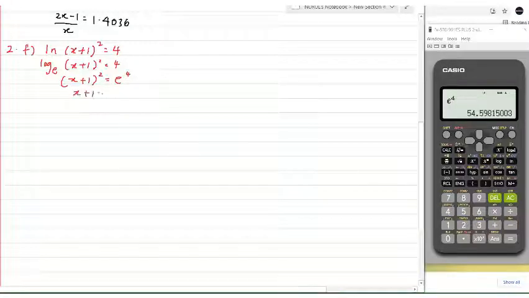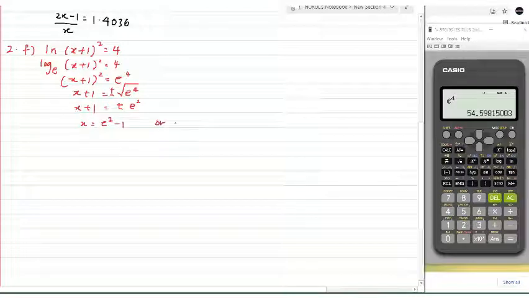X plus 1 equal to e4 square root. E4 square root plus minus, x plus 1 equal to plus minus e power 2, and we have two ways to answer, that is x equal to e square minus 1, or x equal to negative e square minus 1.